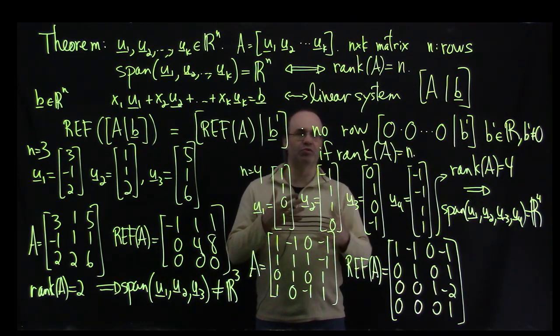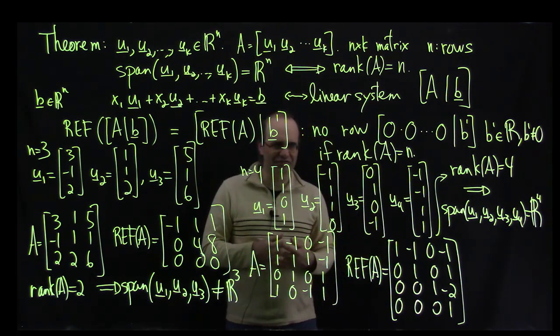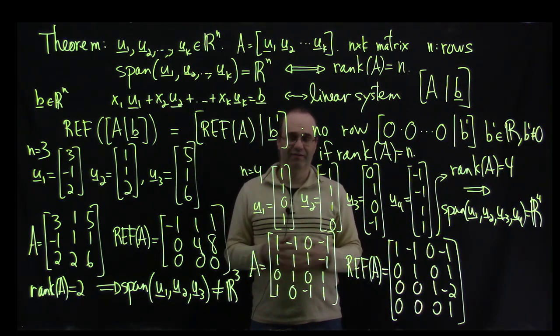That basis will consist of three vectors whose span is actually all of R3. We'll come back to this notion of basis later. I'm just trying to give some justification for studying the case when the span is all of Rn.